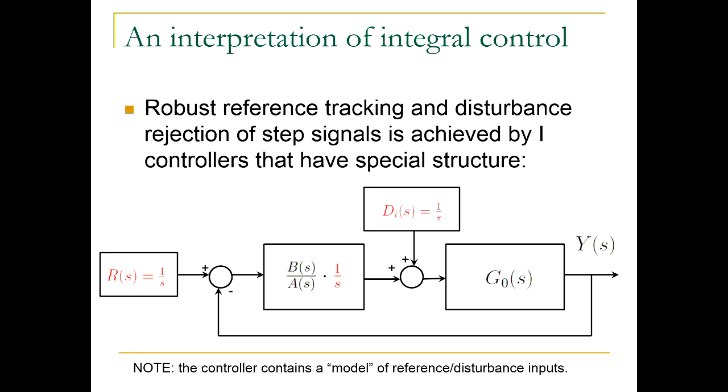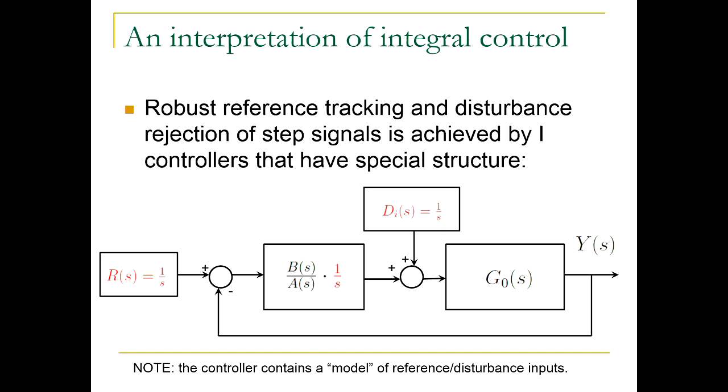Why do we call it internal model? Because the models of disturbance and reference are internal to the controller. We will see later on that, for instance, a sinusoid can be generated by 1 over S squared plus omega squared, from Laplace transforms, right? Sine and cosine can be generated this way.